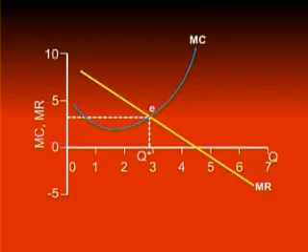Now, the question that might come to your mind is, why should the profit be maximized when marginal revenue is equal to marginal cost? The answer to that question lies in studying what would happen when marginal revenue is not equal to marginal cost. So now look at this graph and pay attention to what I am saying.